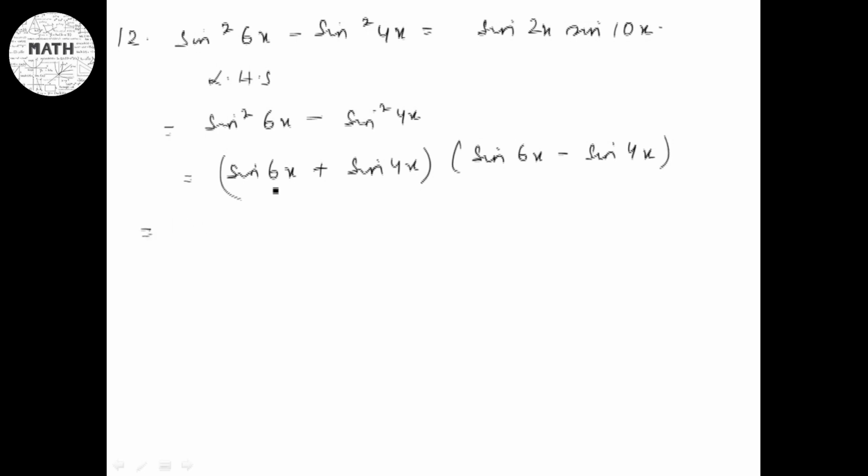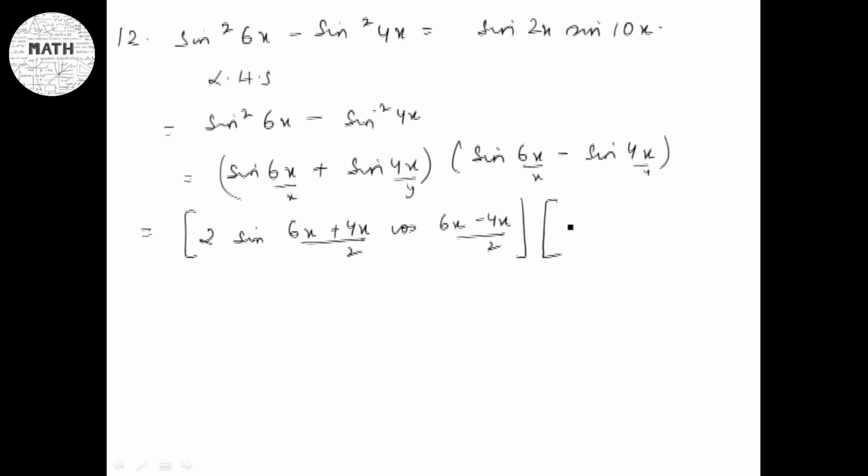So consider this one to be your x and this one to be your y. So sine x plus sine y is nothing more than 2 sine((x plus y) divided by 2) cos((x minus y) divided by 2). That's one bracket. And similarly for this one, consider this one to be x, this one to be y. So that will be 2 cos((x plus y) divided by 2) and then sine((x minus y) divided by 2).